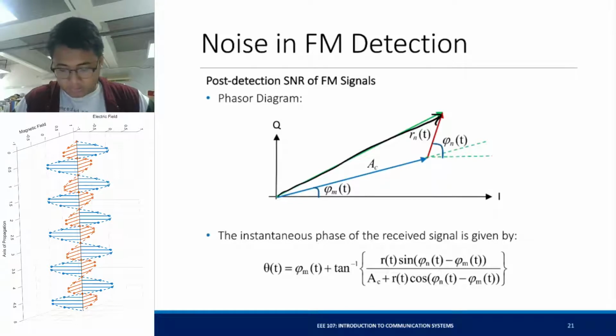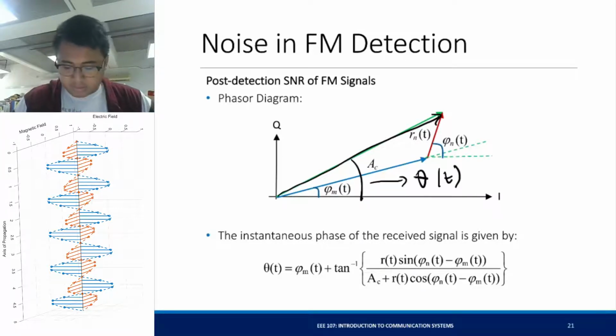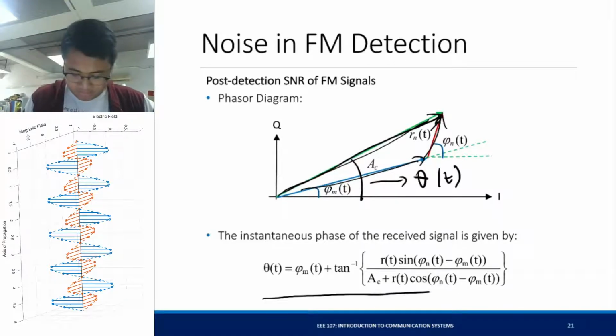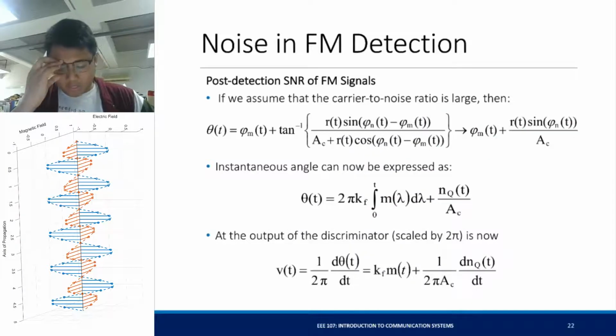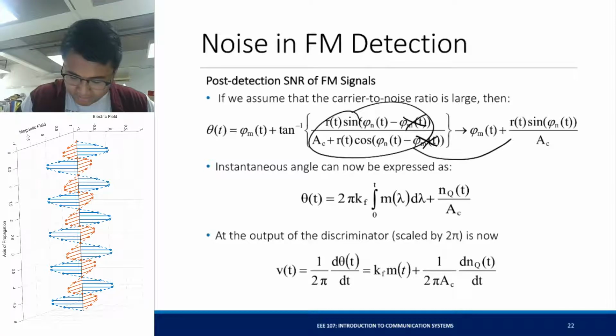With that, we can solve for the magnitude of your FM signal. So with this, the instantaneous phase of the signal can be taken from this expression right here. Since we're trying to detect an FM signal, we're trying to get its instantaneous phase from phase discrimination. Therefore, the instantaneous phase is equal to this. If we assume that the carrier to noise ratio is very large, then this expression can now be simplified into this.